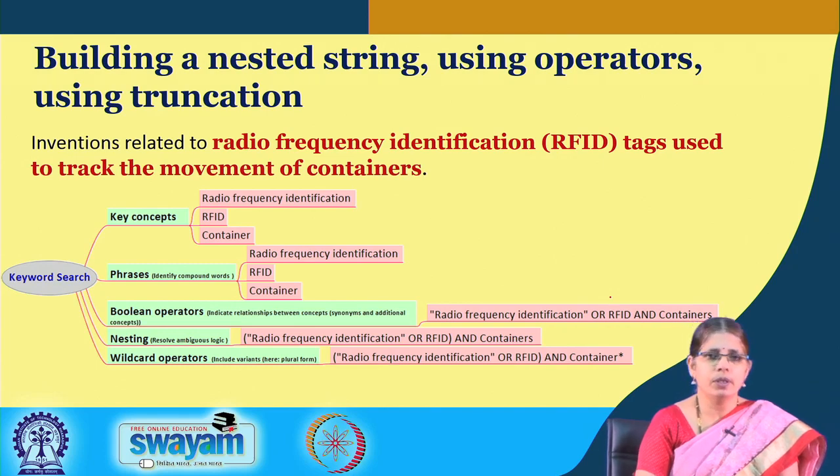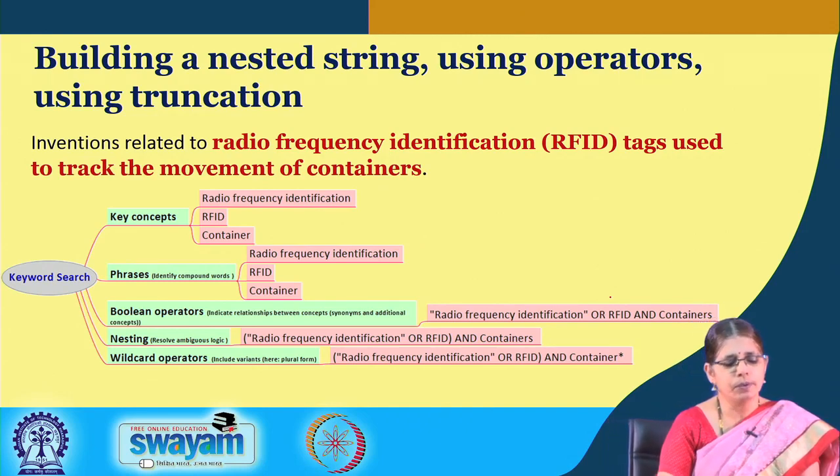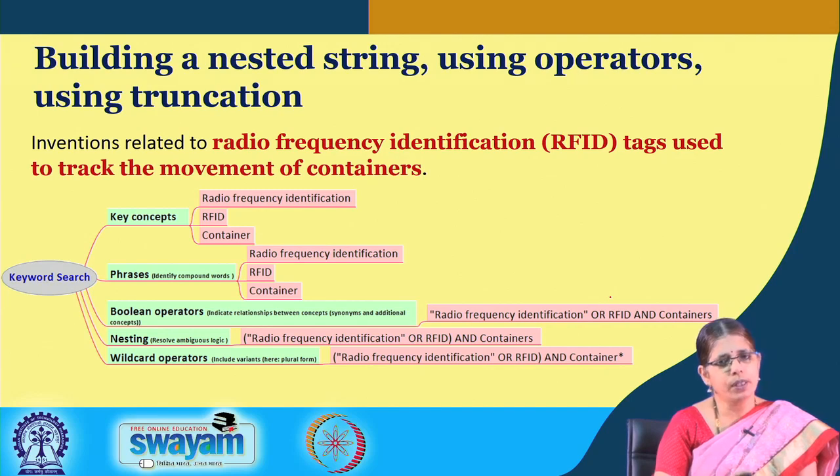Radio frequency identification, its abbreviation RFID. Because we are looking at tracking containers, we are combining a container along with the keyword. The phrases could be exactly similar in terms of the area. What are the operators one can use? The operators one can use are the full form or the abbreviated form and containers.